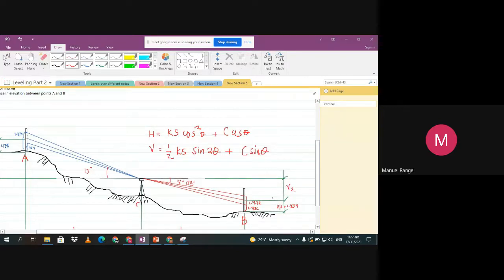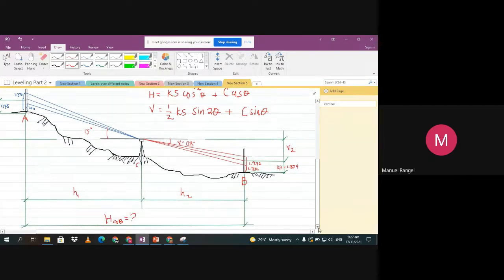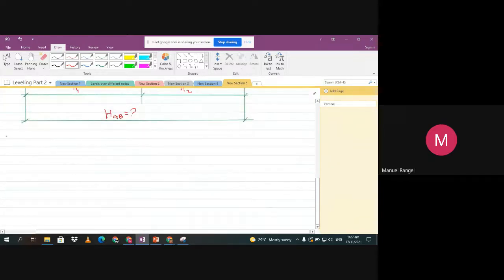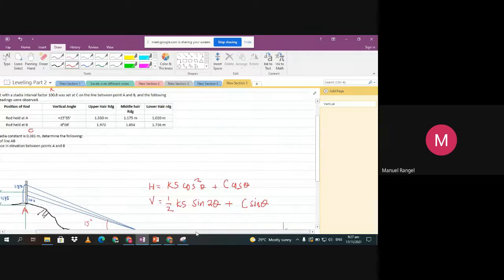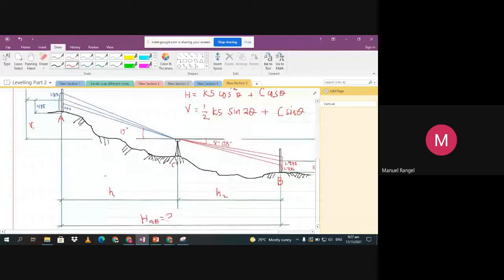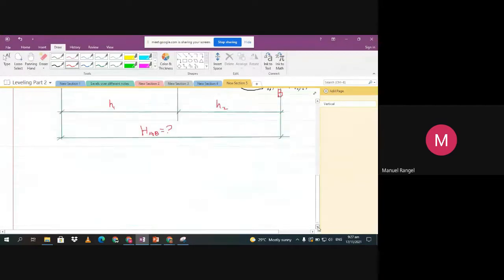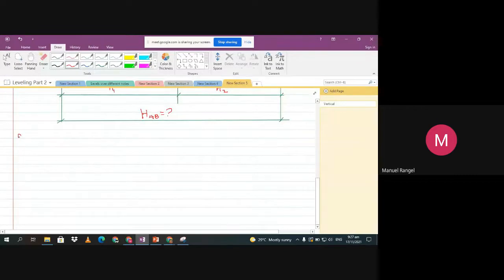Okay. Okay, for letter A is the length of line AB. So this length. So let's compute for the S1 sa point A sa ta.